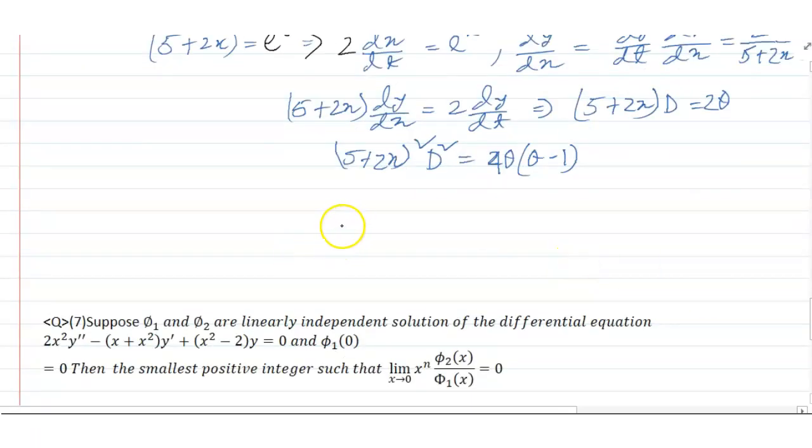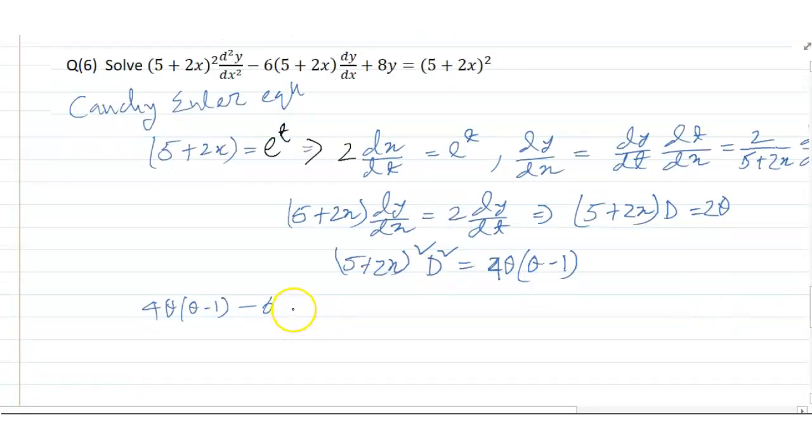Now how can I solve this problem, friends? 4 into theta into theta minus 1, plus 6 into 2 theta, plus 8 y equals to e to the power 2t.